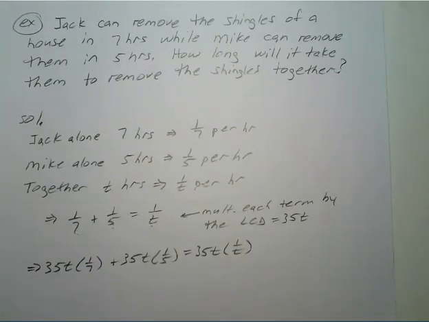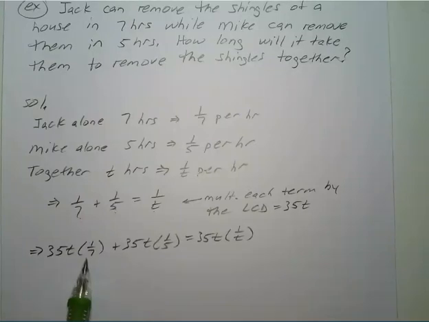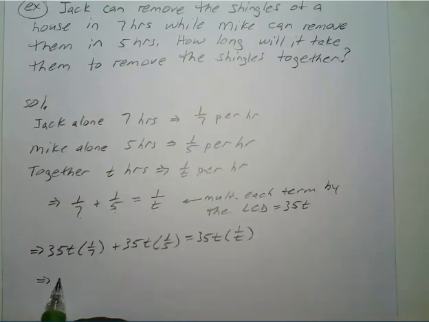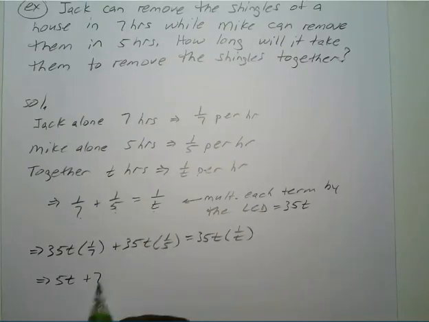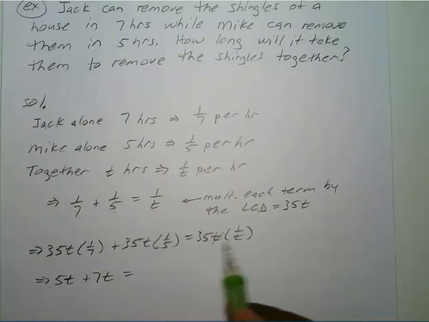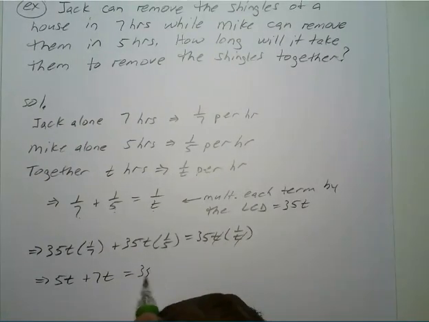Okay, so 35t divided by 7 gives us 5t, and 35t divided by 5 gives us 7t. That's equal to, the two t's cancel out here, so that's equal to 35.